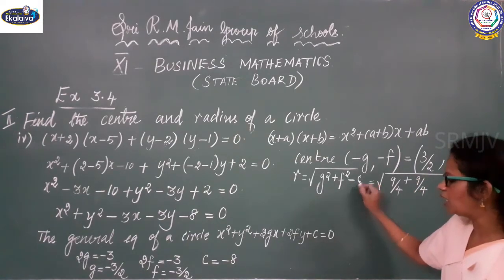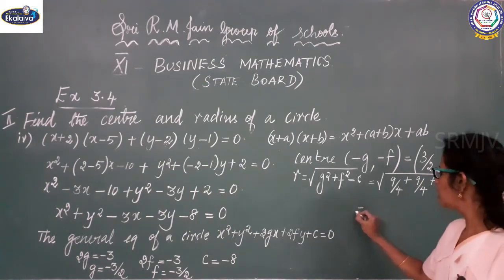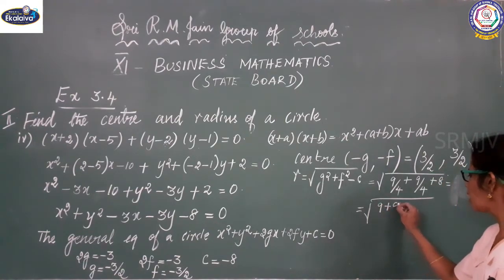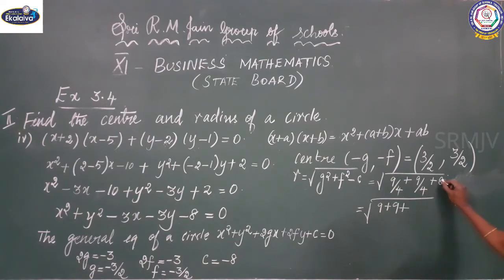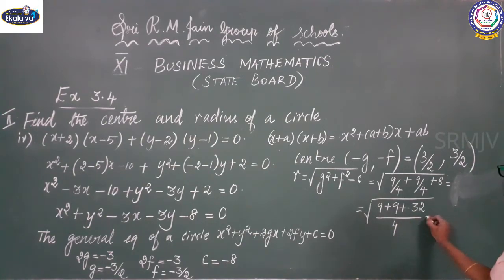Here minus c, c is minus 8, so it becomes plus 8, which is equal to square root of, you are going to take it as LCM. I will write it in the next step, children. Square root of (9 + 9 + 32)/4, since 4 eights are 32, which is equal to square root of 50/4.